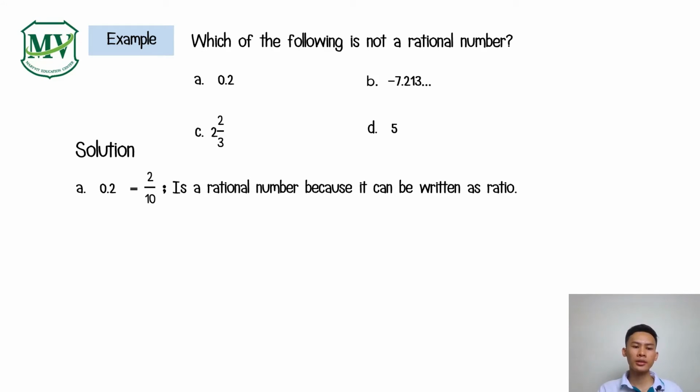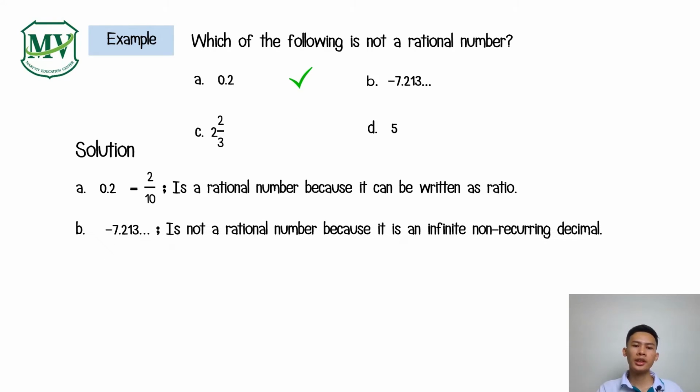In letter A, 0.2 is equal to 2 over 10. It's a rational number because it can be written as a ratio. In letter B, negative 7.213... is not a rational number because it is an infinite non-recurring decimal.